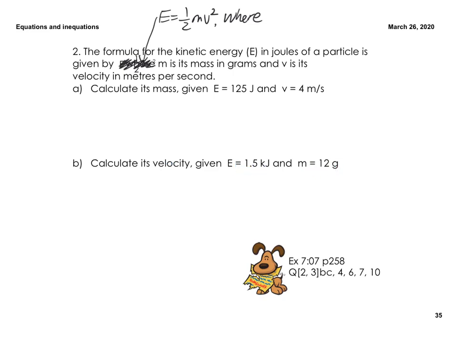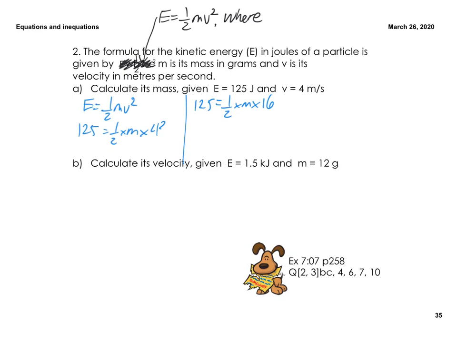Let's go. Alright, part A. So E equals half m v squared. We know E, so 125 equals half. We don't know m, and we know the velocity is 4 squared. Okay, so next line, half times m times 4 squared, of course 4 squared is 16.